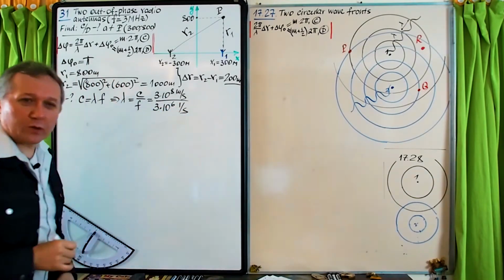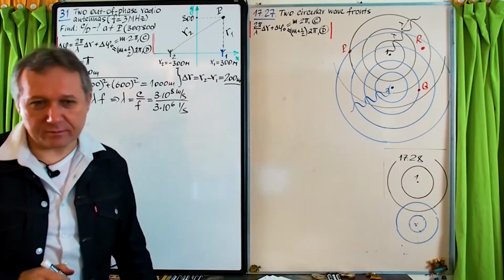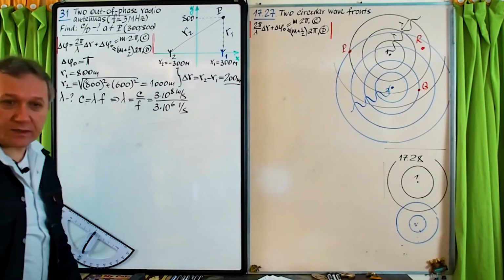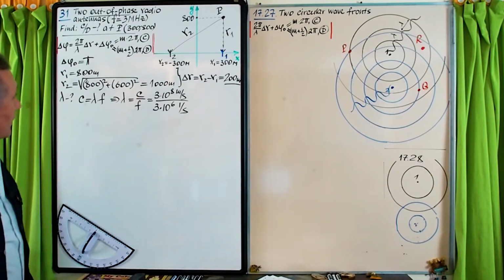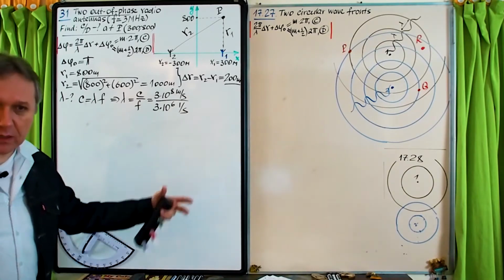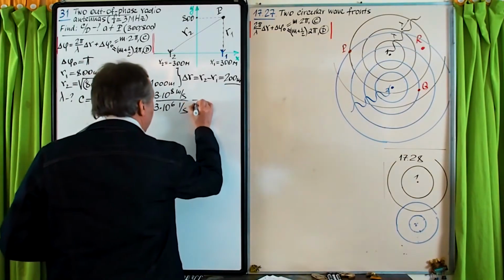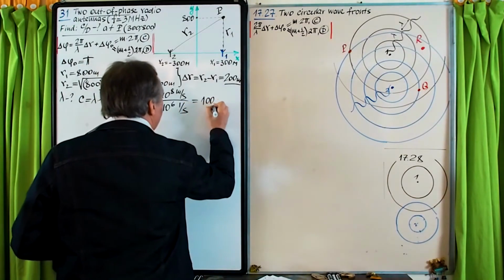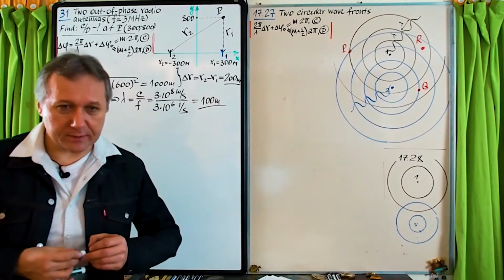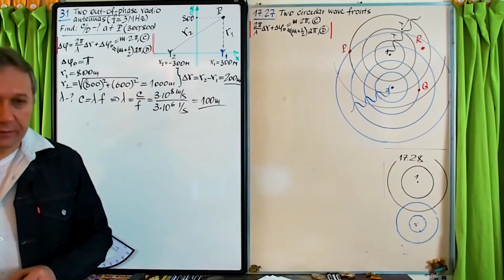Hertz is just 1 over seconds, a fancy name for 1 over second. Seconds will get cancelled, and we will have 100 meters. Yeah, it's quite a wavelength, but we're dealing with radio waves, so radio waves can have long wavelengths.